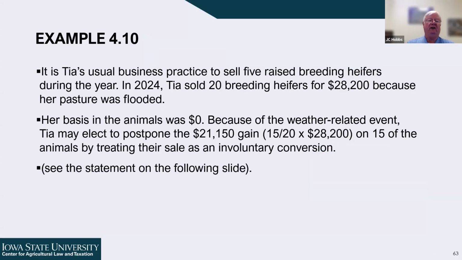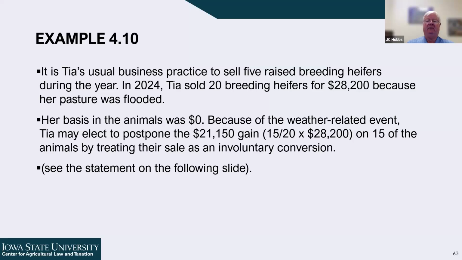The next example, Tia here, she normally sells 5 raised breeding heifers. Due to the weather in 2024, she sells 20 because her pasture was flooded. She loses out on the grazing. The basis of those animals, since they were raised, is 0. Because of the weather-related event, she can elect to postpone 21,150. That's 3/4 of that 28,200 because she normally sells 5.